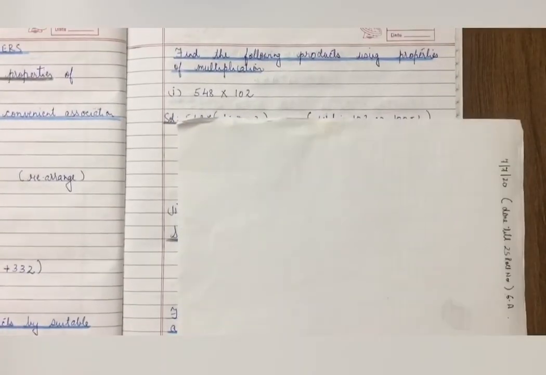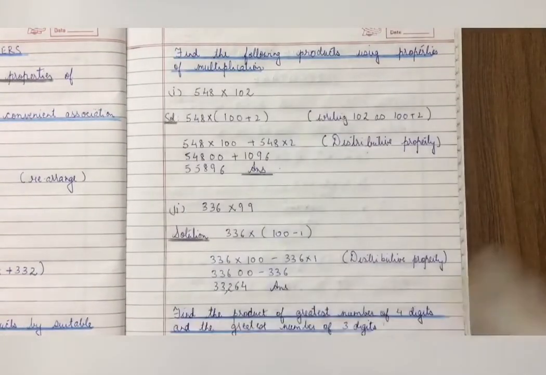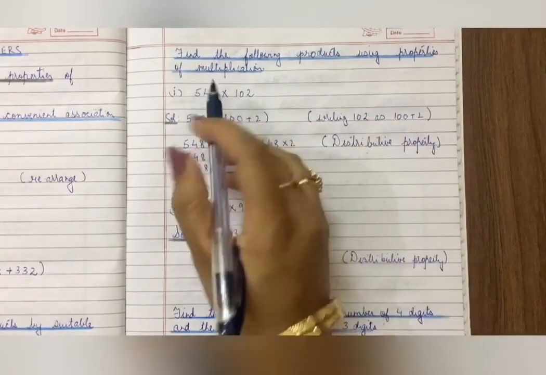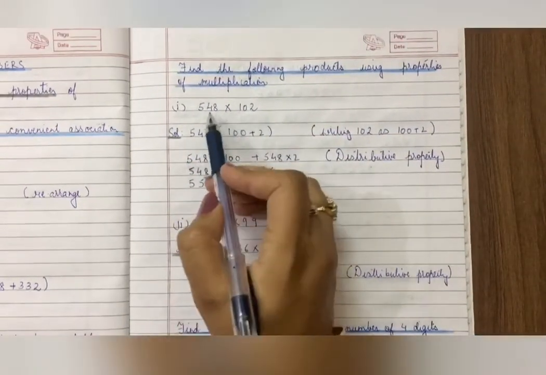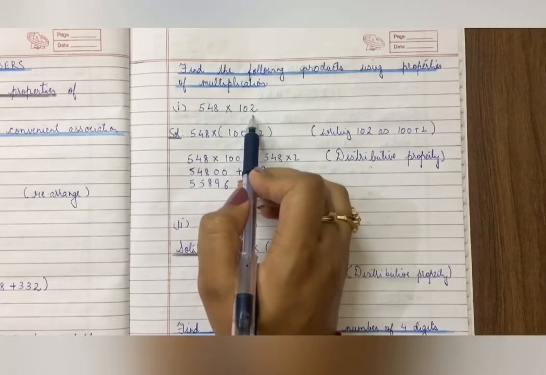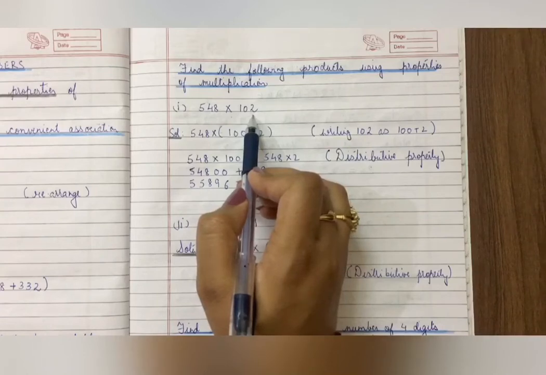Likewise, you can do other sums also. Moving on further, find the following products using properties of multiplication. So they have asked us to find 548 into 102. Multiplying them as we did earlier is time consuming. So we will be using properties. We will be using the distributive property.